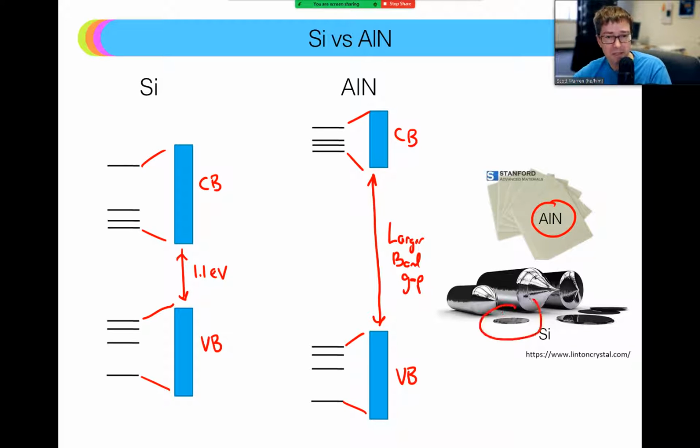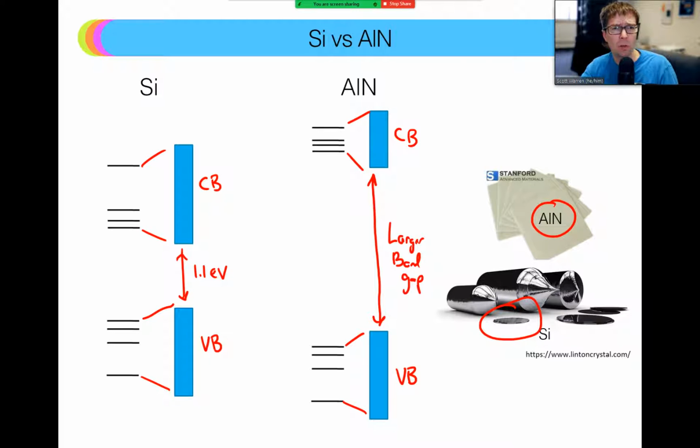Silicon, in contrast, has a smaller band gap and is able to absorb all colors of visible light, red, green, blue, ultraviolet, even a little bit of infrared light, and therefore it is a black material. So this very simple difference between silicon and aluminum nitride, where because aluminum is more electropositive, nitrogen is more electronegative, that shifts our valence band down, our conduction band up, and turns it from a material being black into a material being white.